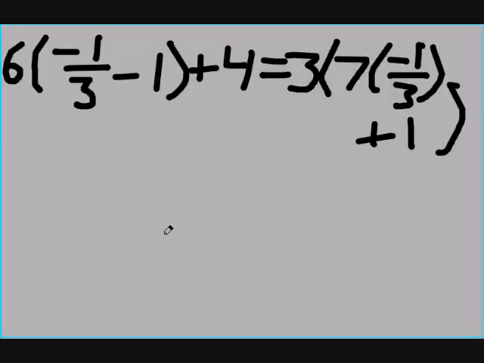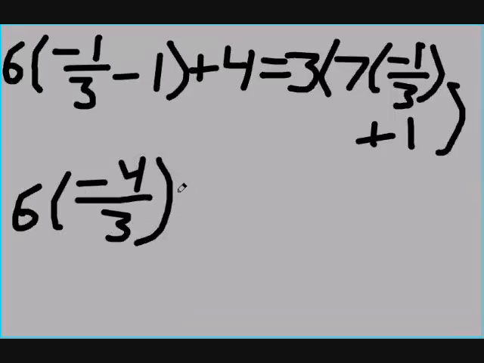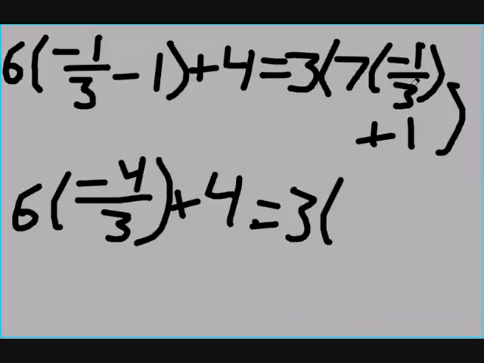Alright, now we want to solve this, but remember, do the parentheses first, order of operations. Negative 1/3 minus 1: this is negative 1 over 3 minus 3 over 3, negative 1 minus 3 is negative 4. So I get 6 times negative 4 over 3, and now there's a plus 4, equals 3 times. 7 times negative 1 over 3 is negative 7 over 3, and plus 1.